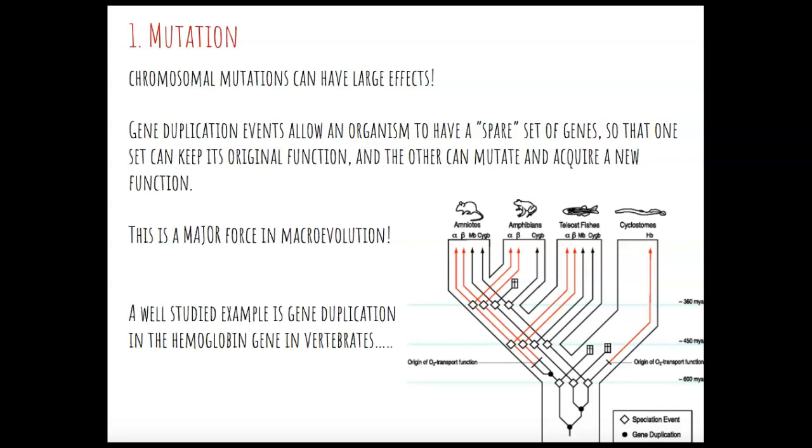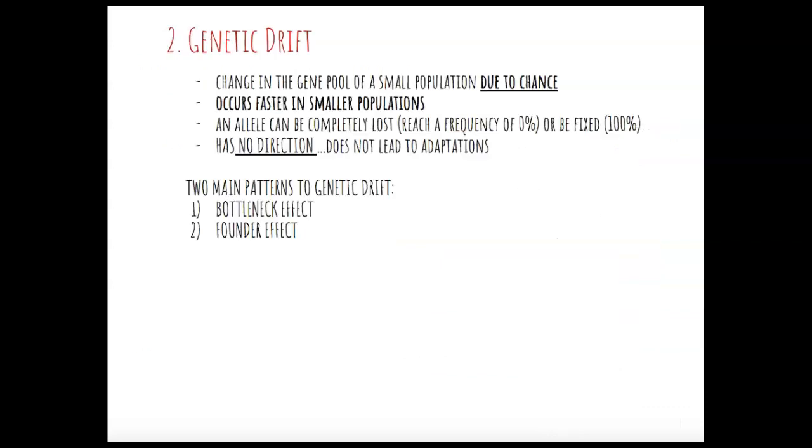Because if you think about hemoglobin, we have lots of different types of cells in our blood, and being able to use that hemoglobin gene in a few different ways because we've had it duplicated, so it has its original use and now has two other versions that can have different uses, we are now able to have new species evolving because of that new array of different genes.